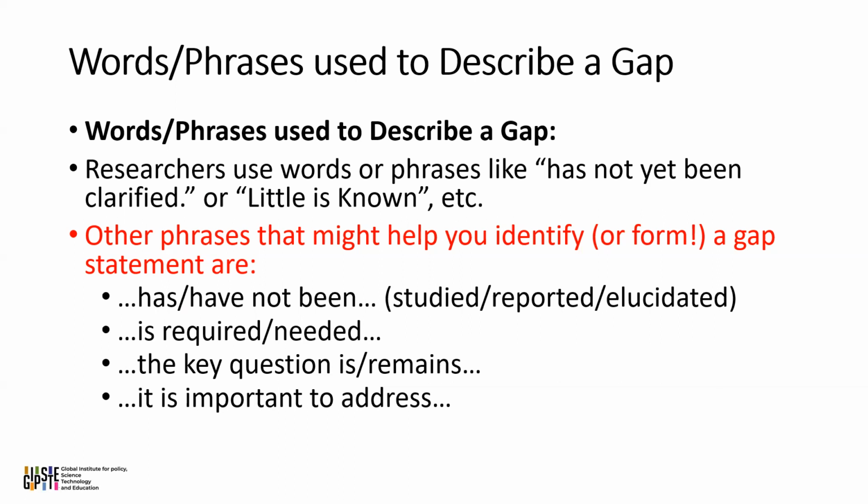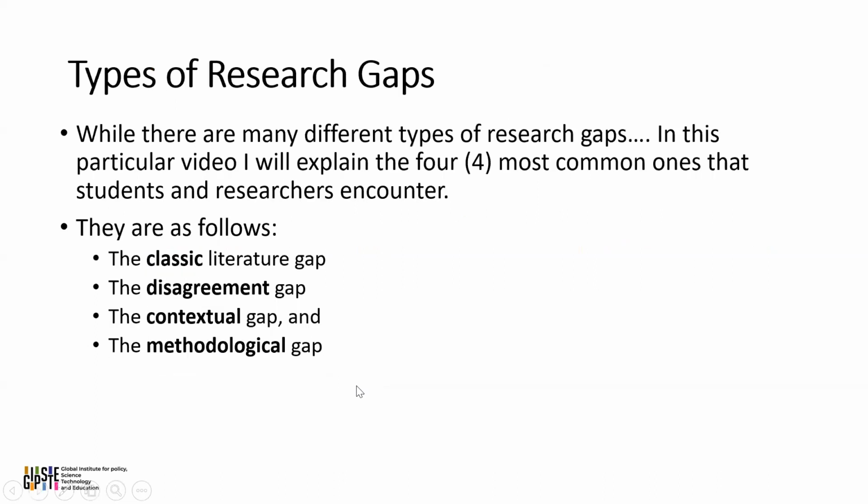It's very important to look at that. So all these phrases capture a research gap. When you see them in a text, it should give you an idea about what a gap is about.